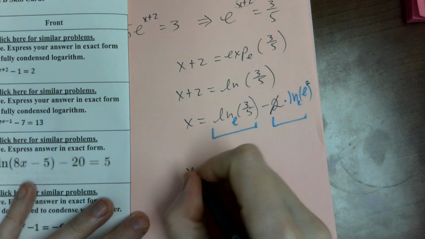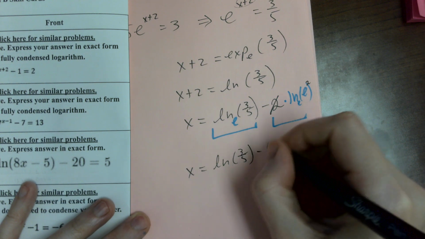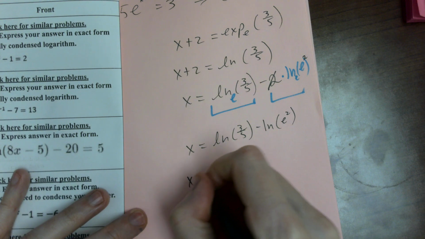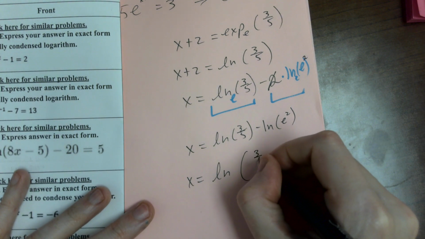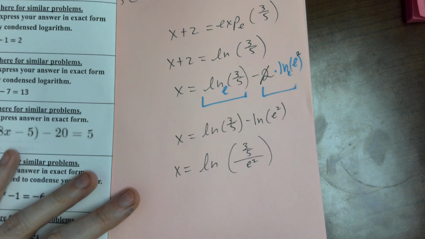Okay, so let me write this nicely. Okay, and then natural log of 3/5 divided by e to the second.